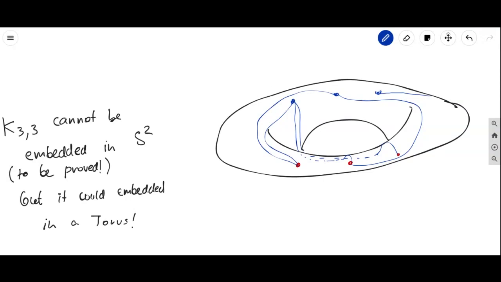And then here I go like this. I continue from the end like that. But then the problem is, it seems I cannot reach that vertex.